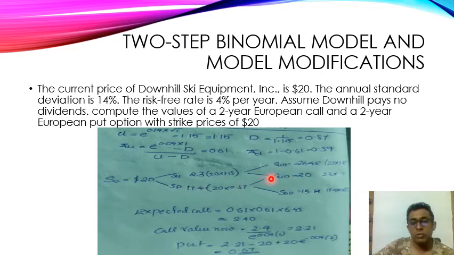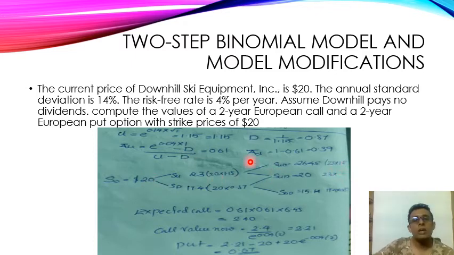This 17.4 will reach either 15.14 at year 2, or 20, which is 17.4 into 1.15, while 23 into 0.87 also gives 20. Both give the result 20. This 23 will reach 26.45, which is 23 into 1.15, or 20, which is 23 into 0.87, at year 2.